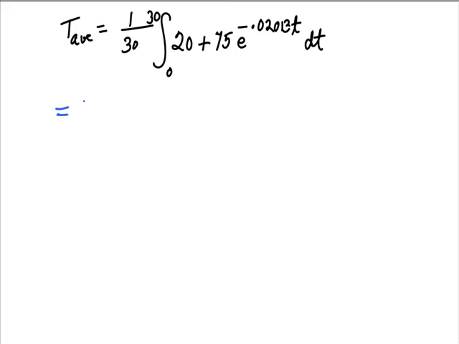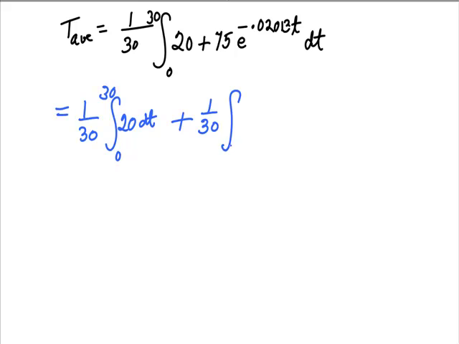So this will be 1/30th, first, the integral from 0 to 30 of 20 dt, and then plus 1/30th the integral from 0 to 30 of 75 e to the negative 0.02013t dt. And the reason I'm doing them separately is this second integral is going to involve a u substitution. So I want to do that part separately.